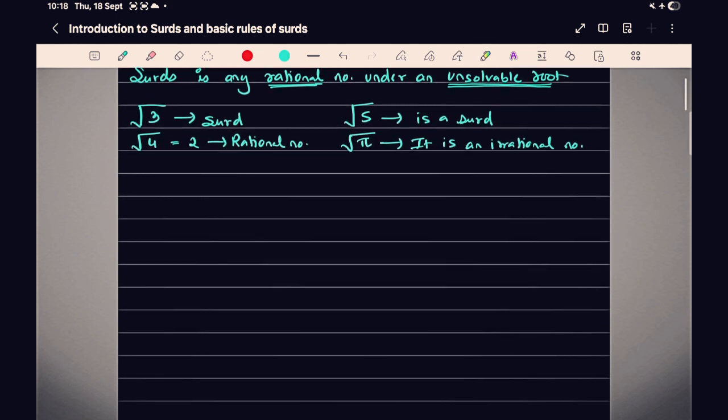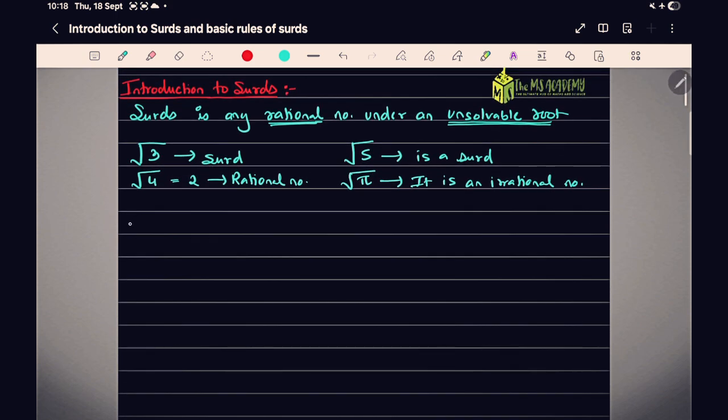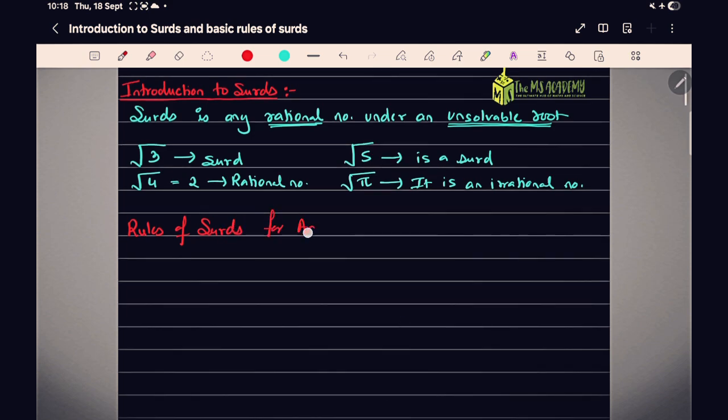Now, certain rules of surds. Rules of surds for addition and subtraction.